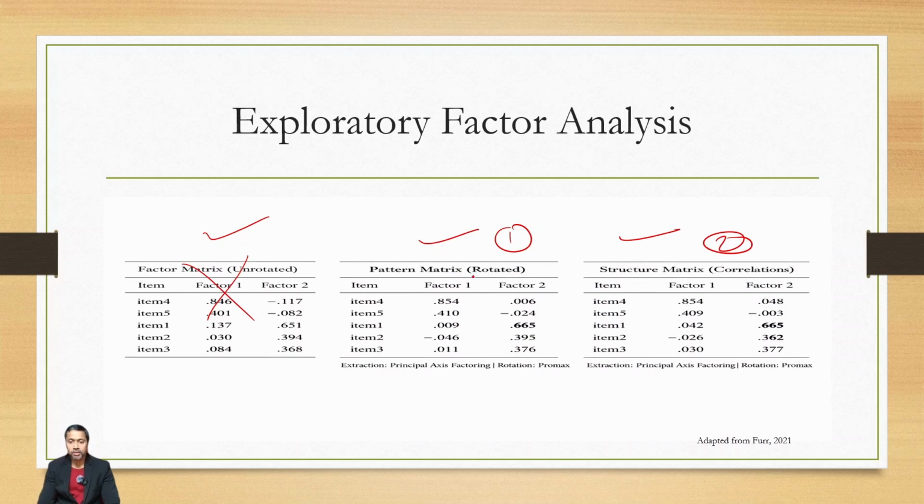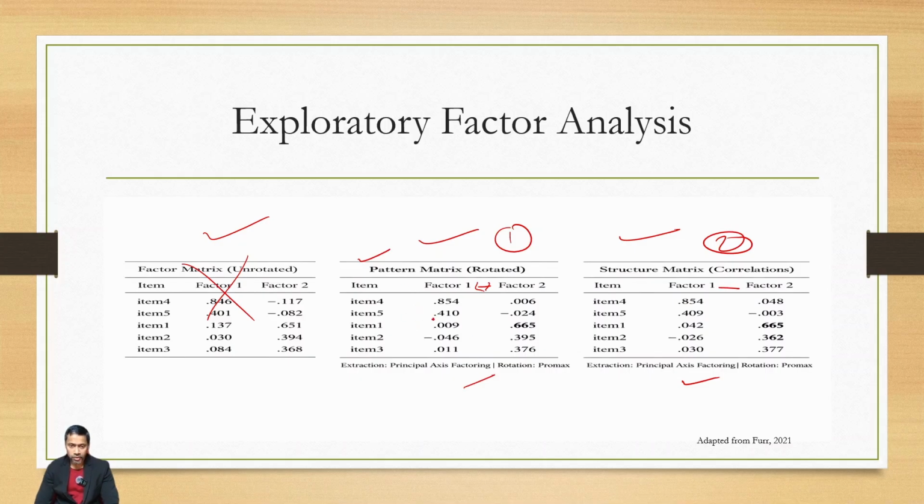In the pattern matrix, or pattern coefficients, the correlation between the two factors is controlled, while in the structure matrix, or structure correlation coefficients, the correlation between factors 1 and 2 is not controlled. Results will look similar, but the values will be over or under inflated in the structure matrix, while the pattern matrix will be better.